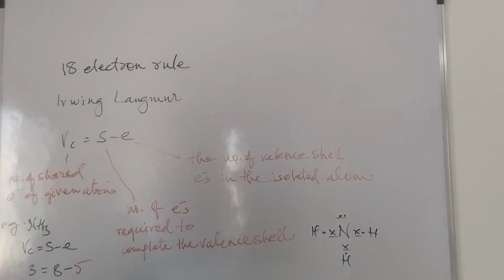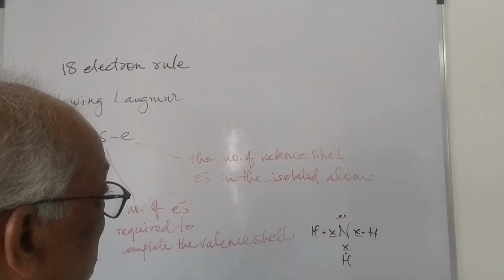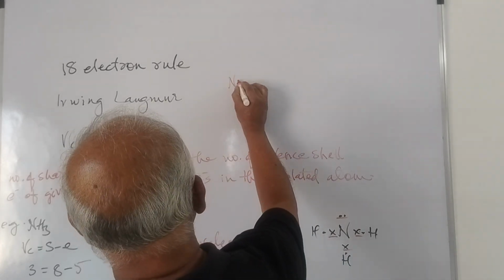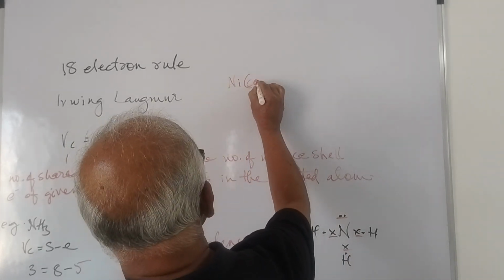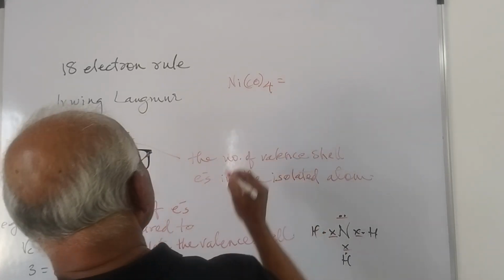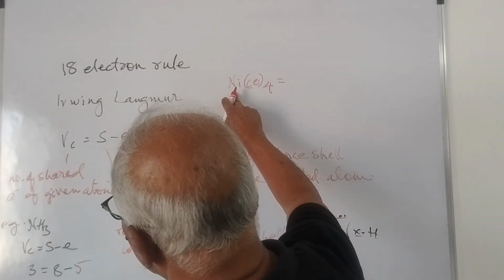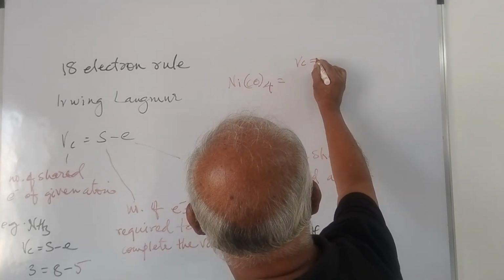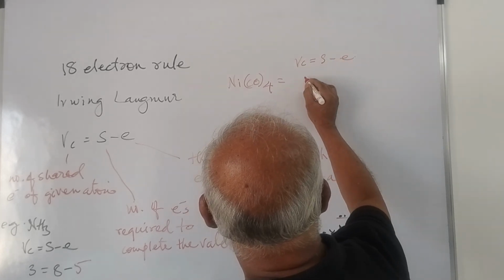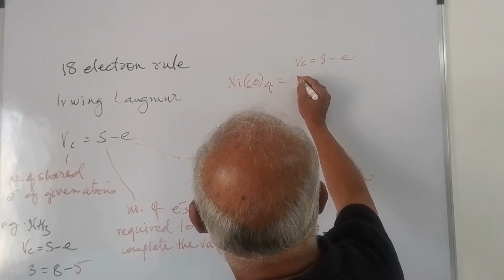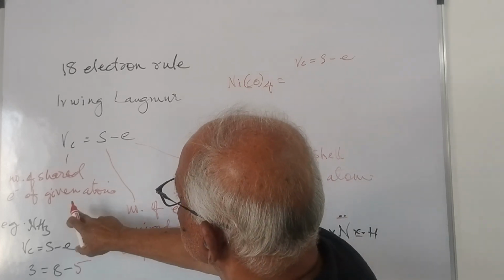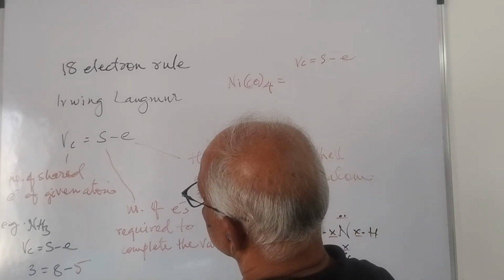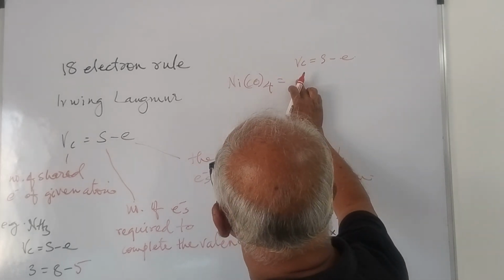In this way, we can calculate for complexes. Such as if we take the example of Ni(CO)4, we show Vc is equal to S minus E. Here Vc means the number of electrons shared by the atom in the complex formation.